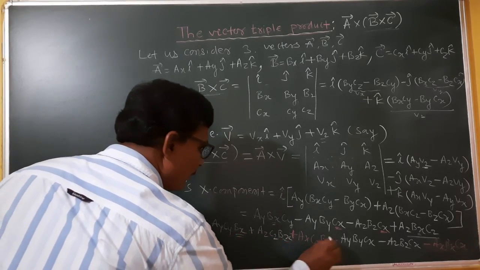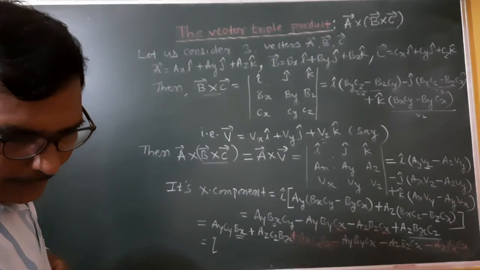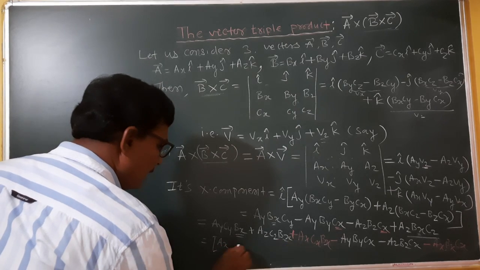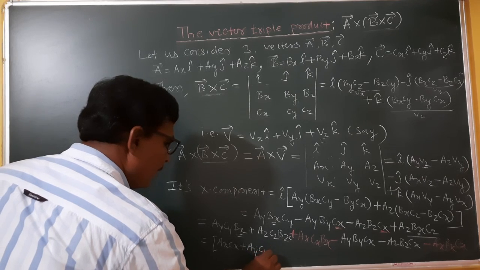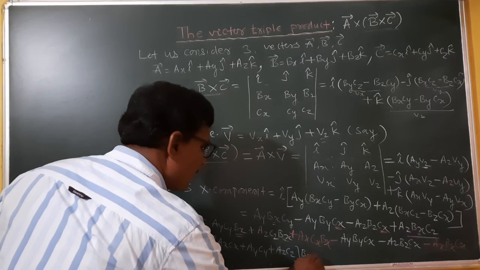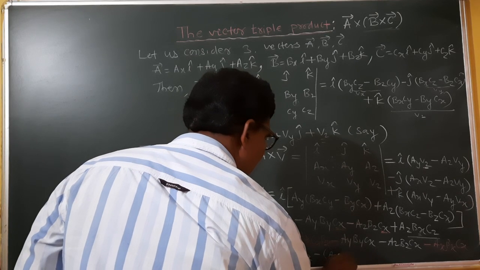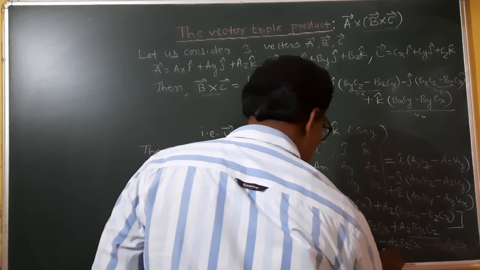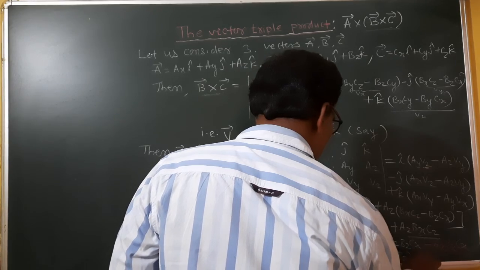This is Bx Dx, so we write in the bracket Ax Cx plus Ay Cy plus Az Cz outside the bracket Bx, minus sign into bracket first of all Ax Bx plus Ay By plus Az Bz into Cx.